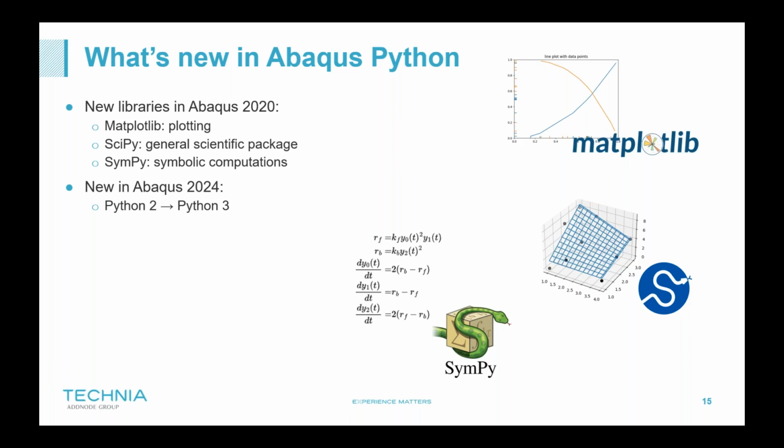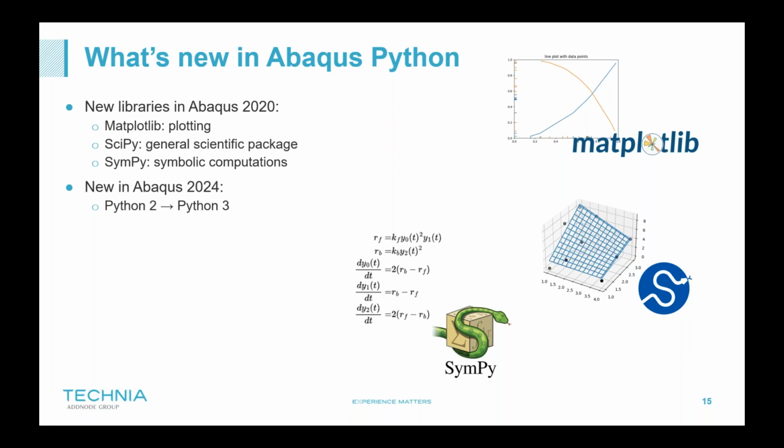Next, we can move on and see what has been added recently into the Abaqus scripting interface. In Abaqus 2020, we saw a major change with the addition of 3 Python packages. Just to be clear, these existed independently in Python before. This is just when they were added into Abaqus. So first we have matplotlib, which is a wide package for plotting.